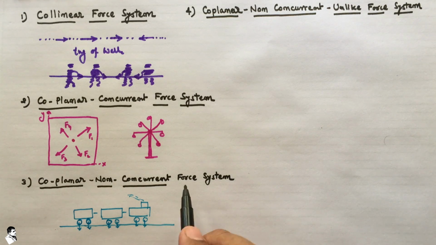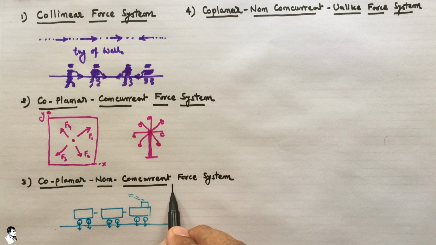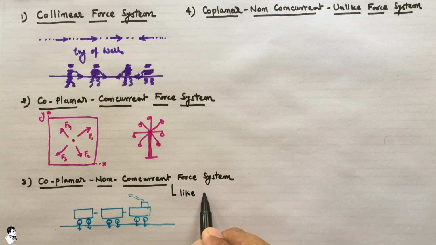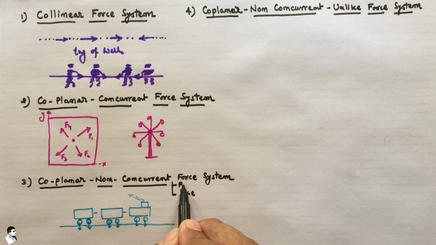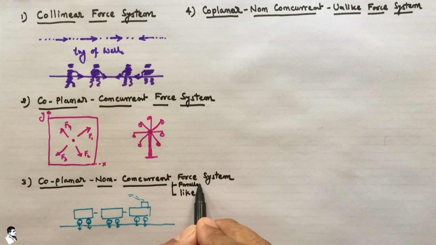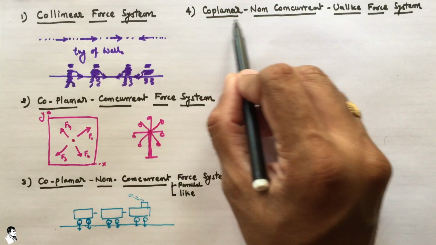So you can also add here like as well as parallel, right?